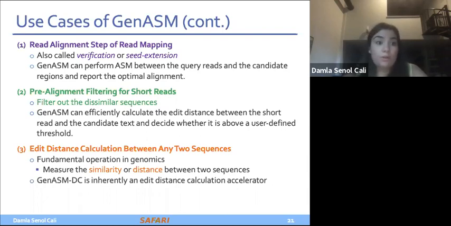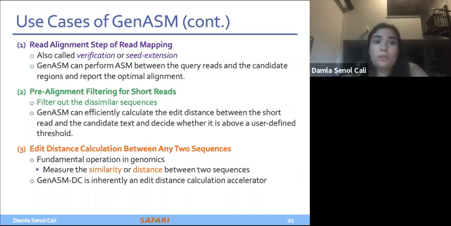First, read alignment: GenASM can perform ASM between the query reads and the candidate regions and report the optimal alignment. For the second use case, pre-alignment filtering for short reads, which requires finding the dissimilarity between sequences, GenASM can efficiently calculate this dissimilarity and perform the filtering.